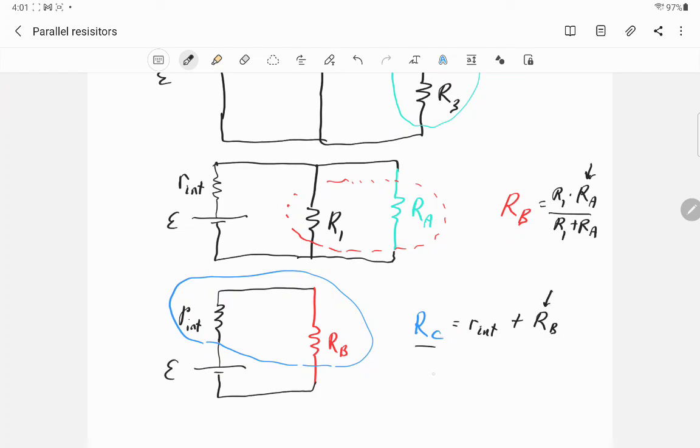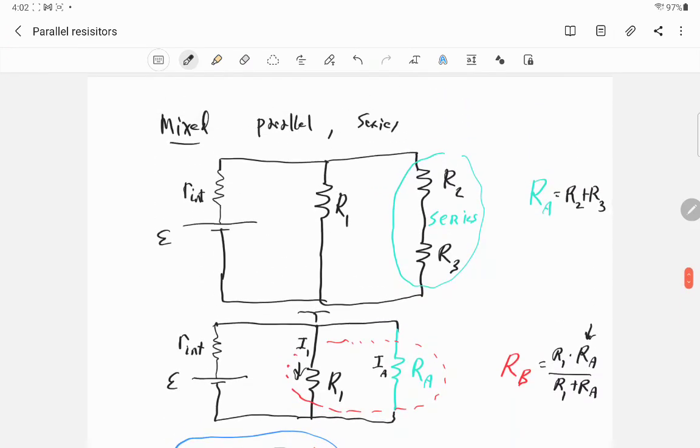And with RC, you can get the circuit current. It's the current that travels through our EMF over here. It actually is the same current that flows through our internal resistance. But when this current gets to this first junction, it takes two paths, and you can say that it splits into an I1 and also an IA, where IA is imagined to flow through R2 and R3, right?